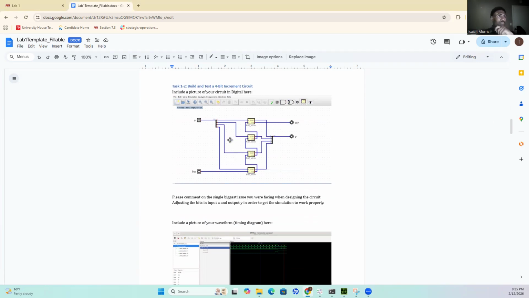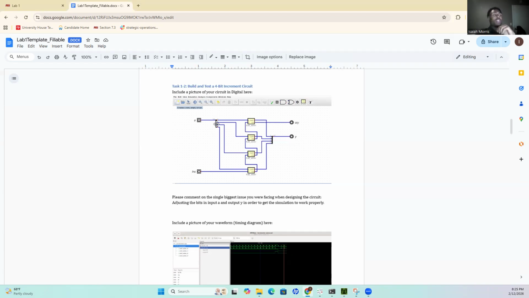Okay, for this one, I think you have a 4-bit input A, and then you have a carry-in, and then right here you have a splitter, and then right here you have outputs carry and Y, and then it's going through the half adder.